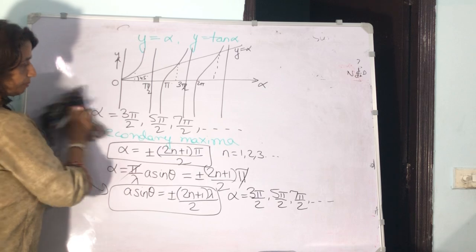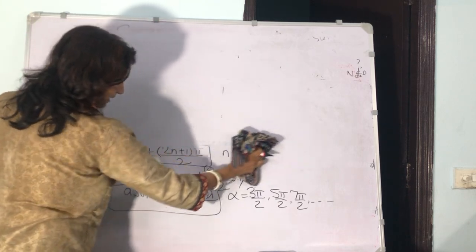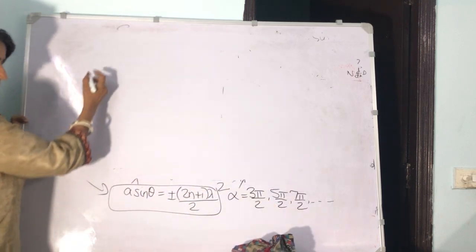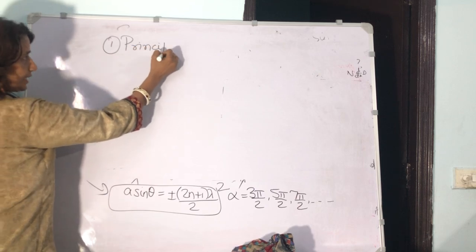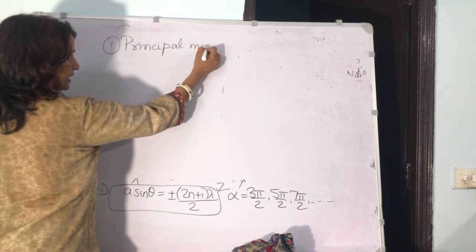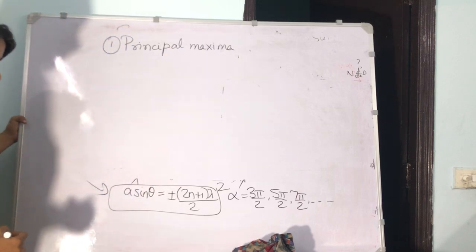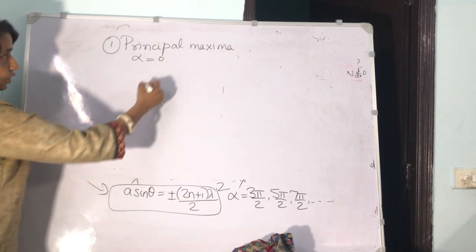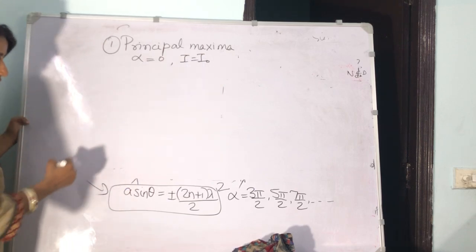We will first begin with the position of the central maxima, that is the principal maxima. Here maximum light is concentrated in the diffraction pattern. That is the central maxima. Alpha is equal to 0, so I is equal to the maximum intensity I naught.